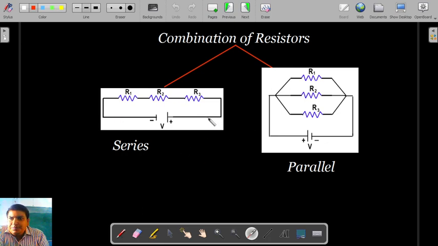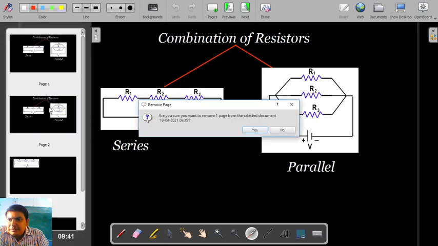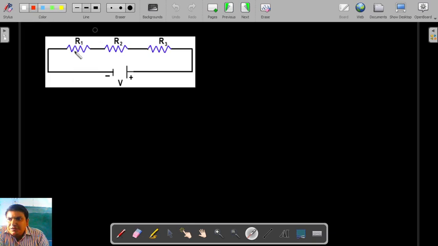Moving on to the next page. Suppose we are going to solve the resistance combination of series. Suppose there are three resistances R1, R2 and R3, and the current I is coming from the positive terminal and flows through the whole circuit and comes back to the negative terminal.